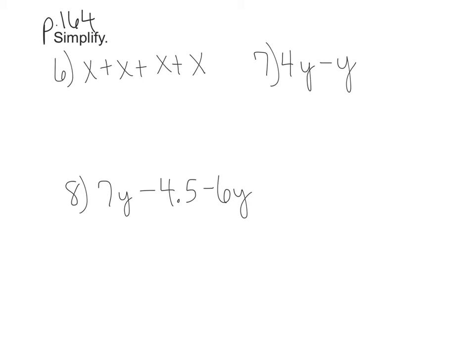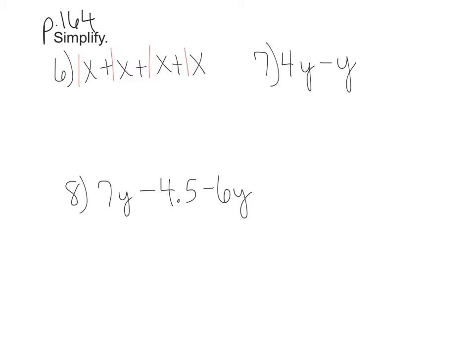So we're going to skip ahead, page 164. We're trying to simplify these expressions. So number 6, we have x plus x plus x plus x. You put the ones in front of the x's. And then that would be 4x. Good.